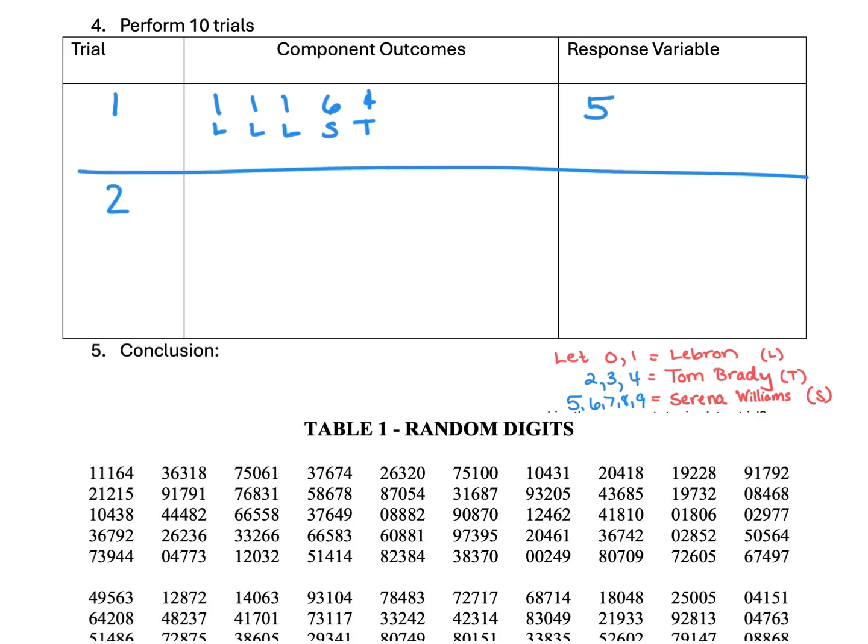My second trial will begin where I left off. I'm going to begin at this 3, which represents Tom Brady. Then a 6 is Serena Williams, another 3, Tom Brady, followed by a 1, which is LeBron. So I have all 3 athletes, even though I have 2 of Tom, and I had to open 4 boxes to get that.